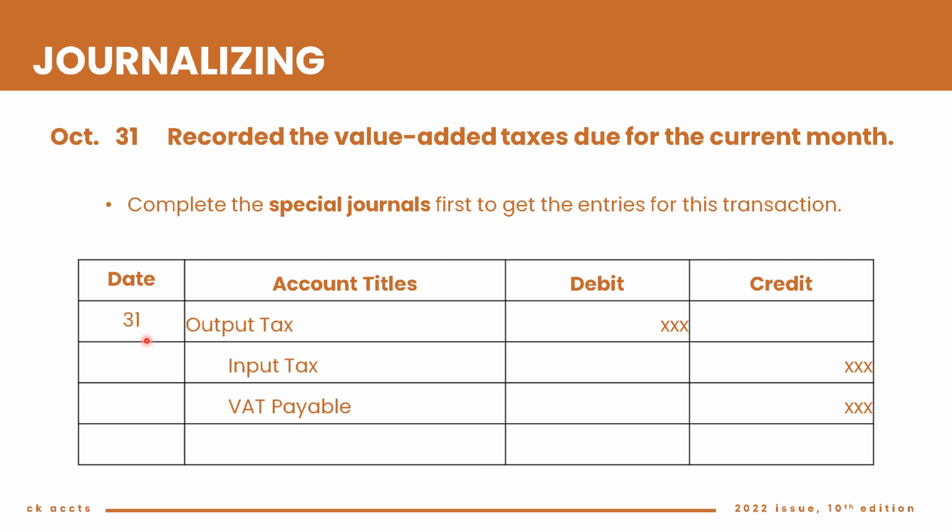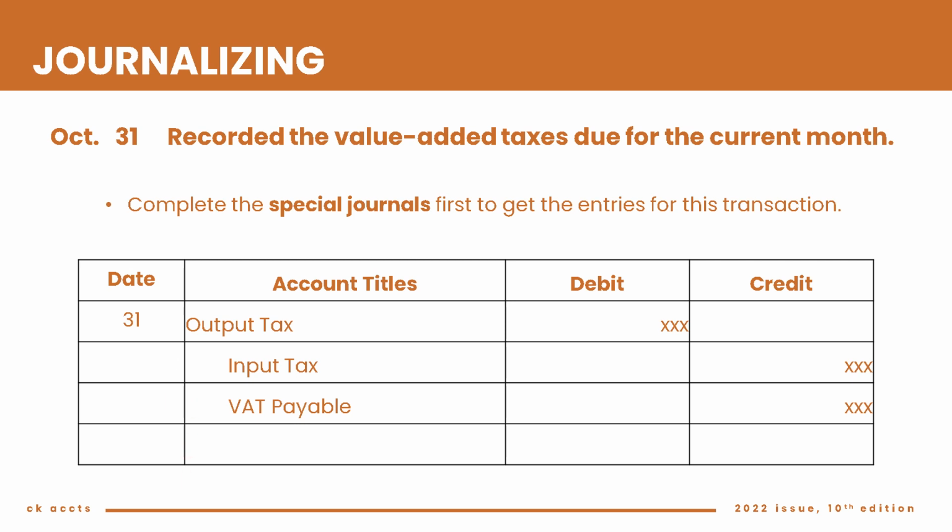Okay? And pag sinabi nating sales, ideally, dapat mas mataas 'di ba ang amount ng sales kaysa sa mga expenses or ng mga purchases natin, kaya malaki yung amount niya. So, diyan siya sa debit natin.